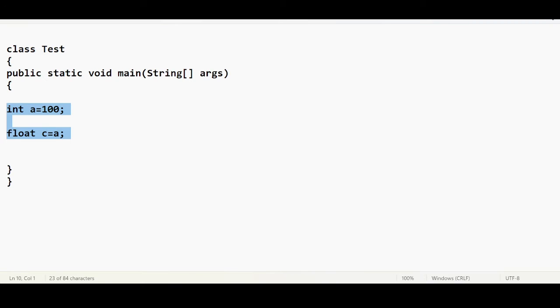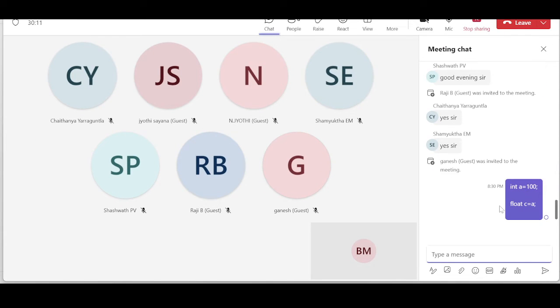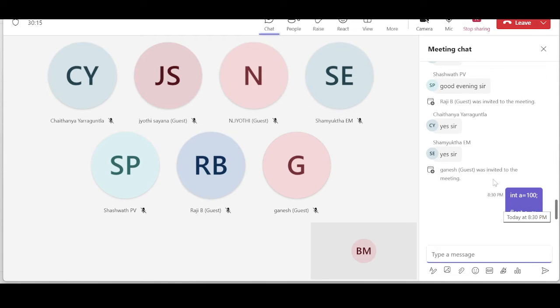Look at the chart and tell me compilation error or possible. This is the concept of typecasting, I mean, converting the lower data type to higher data type. Is it possible or not possible? Just answer me that. If it's not possible, we get a compilation error. If it is possible, we don't get any compilation error. We will see a lot of examples, but I want to ensure that you are getting this topic.